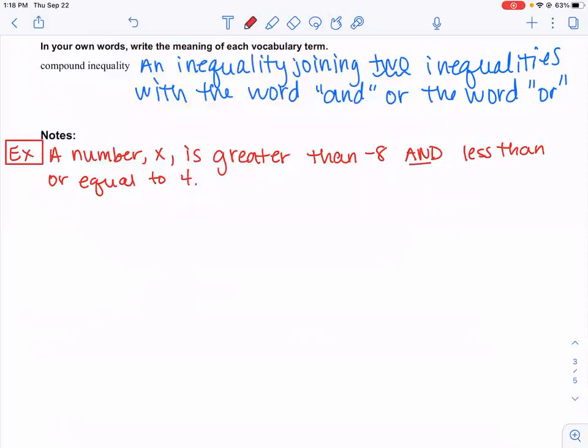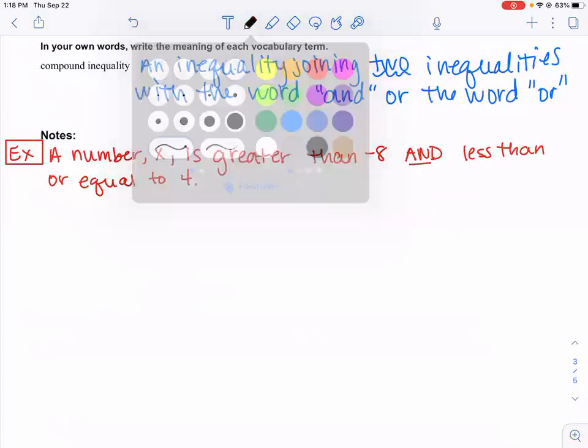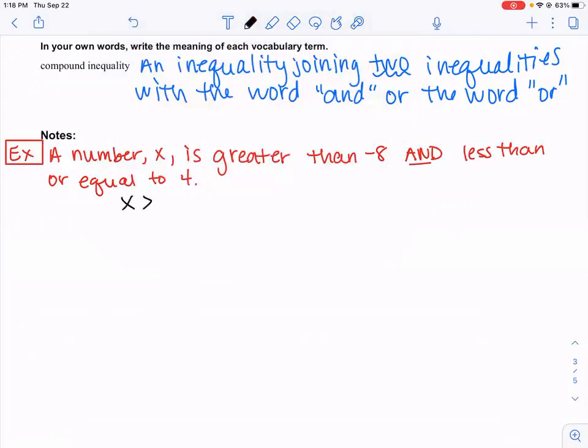Okay, so if x is greater than -8, we can write x is greater than -8 and x is less than or equal to 4. Now, here's the cool thing about our and statements. This is basically saying x is bigger than -8 and less than or equal to 4.